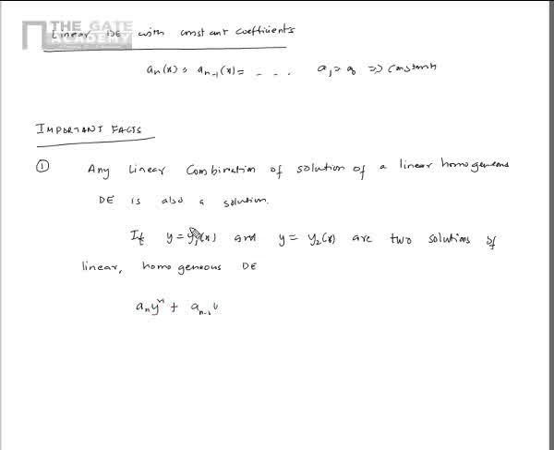This is the general form. So y^(n) is basically the nth order derivative of y. Don't think of it as y to the power of n, just think of it as the nth order derivative of y. And similarly you can write a2 y'' plus a1 y' plus a0 y is equal to 0. So this term makes it homogeneous.